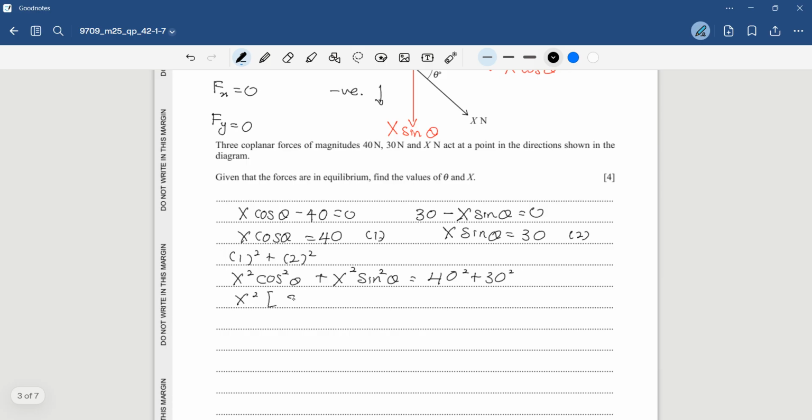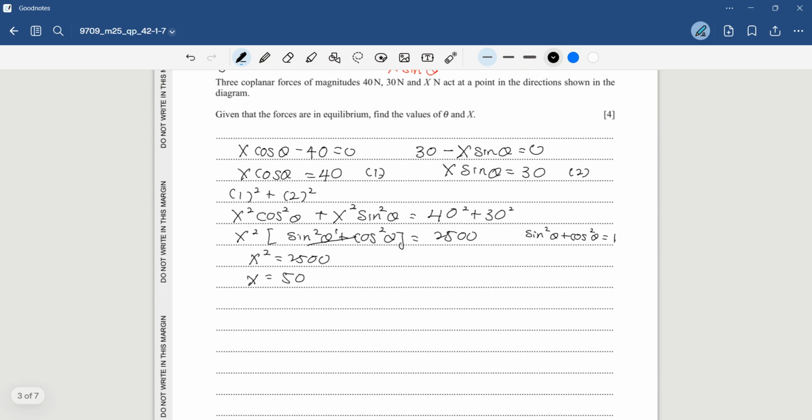So it's going to be x square times sine square theta plus cos square theta is equivalent to 2500. Sine square plus cos square is equal to 1 using trigonometry. If you still remember, sine square theta plus cos square theta equal to 1. So 1 times x square remains as x square, 2500. Therefore, my x will be 50.